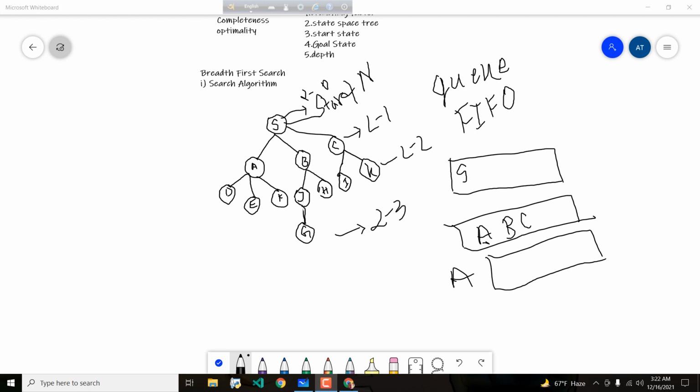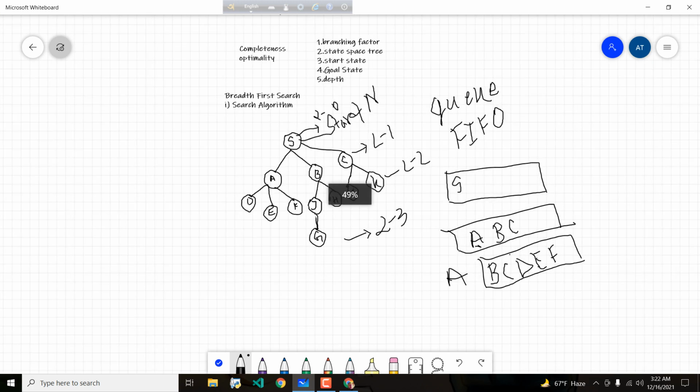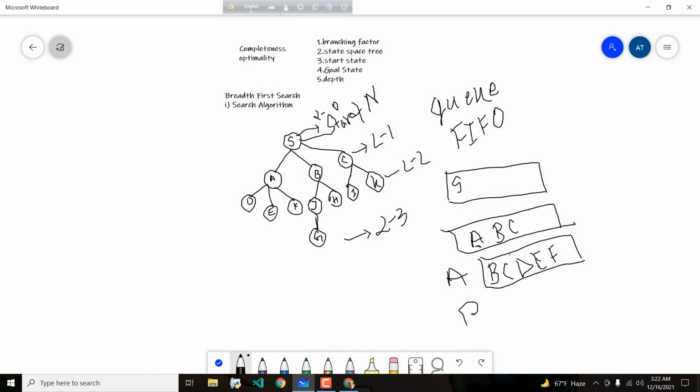So we are going to push the children who belong to A. The children of A are D, E, and F. Then we'll push B, and who are the children of B? B has 2 children, J and H. So C, D, E, F would be there, and we have two children, J and H. We are pushing them into the fringe.